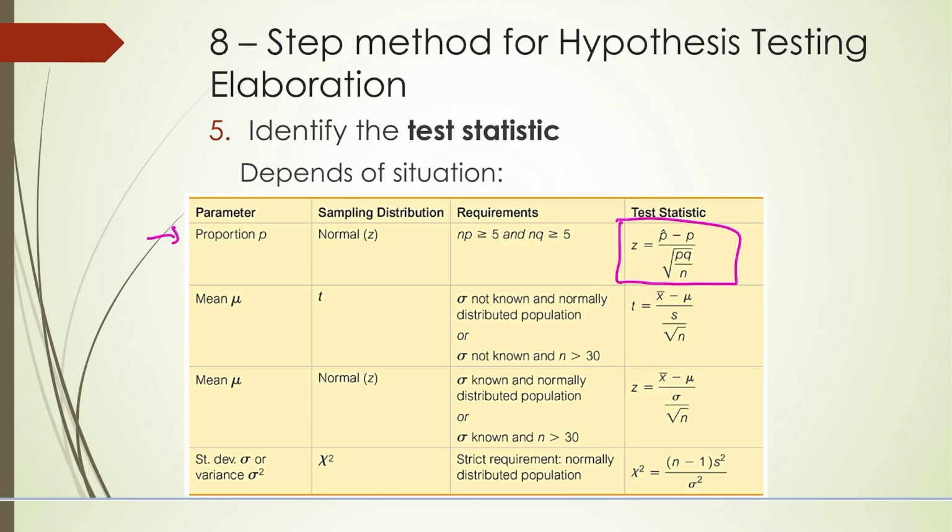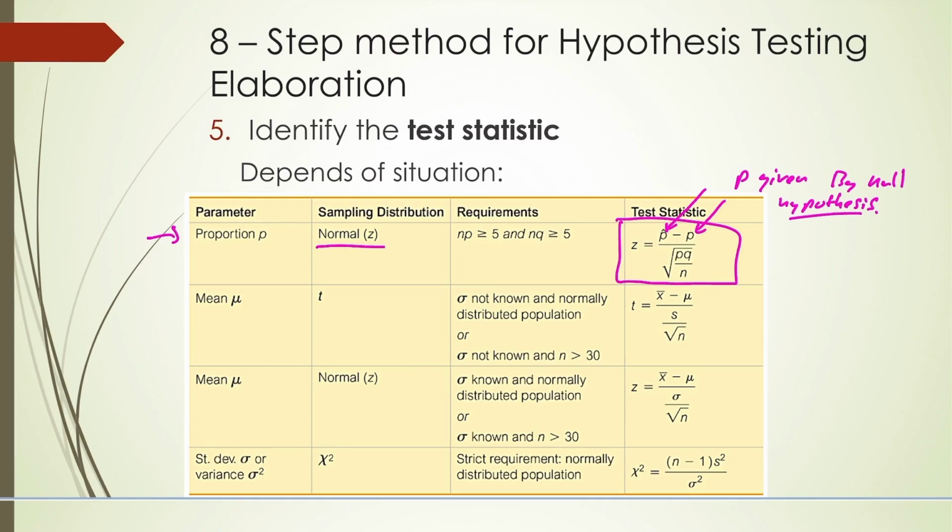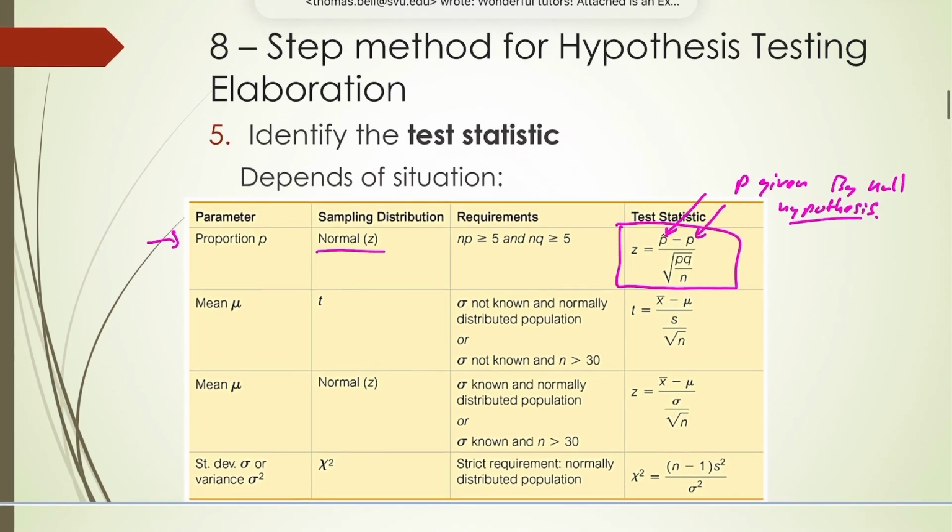You've got your sample proportion and your population proportion, p, that is given by your null hypothesis. That's what you will plug in for p. The distribution, and this will make more sense later on, is normally distributed. And so that's what we're going to use to find the p-value later on. This table has more information than you know what to do with at this point. But believe me when I say you will find it helpful later on.